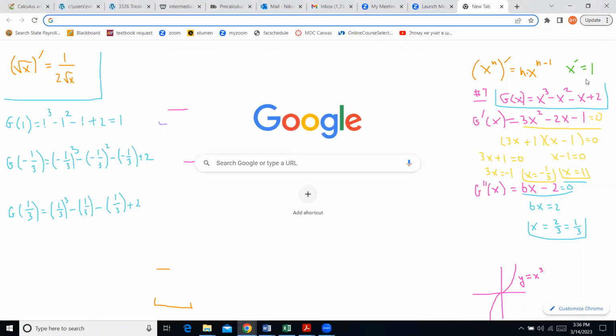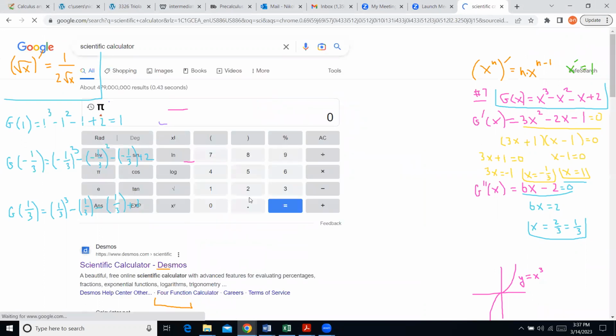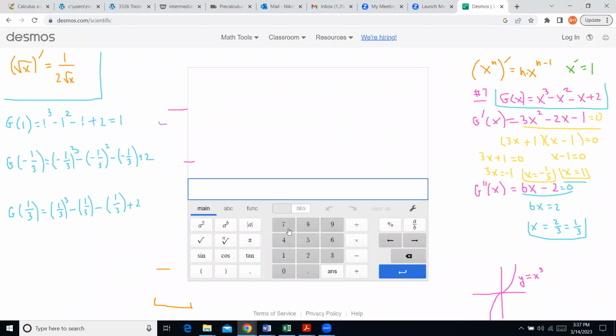I just need to find my favorite scientific calculator. And I usually use Desmos. It's totally free. So we can put parentheses to calculate that minus 1/3 raised to the power of 3, cube, right? Minus. So notice that I just plug it in the way it is.